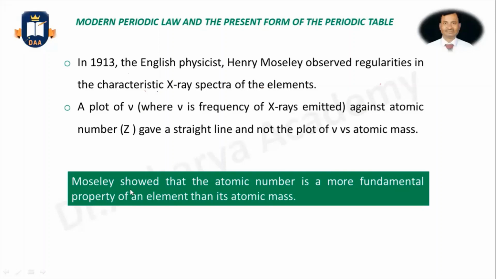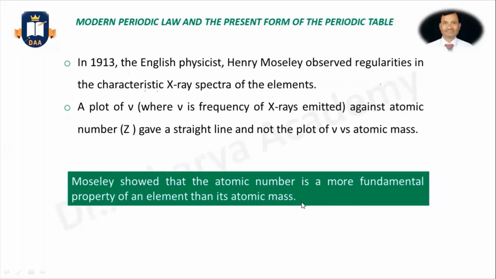So Moseley showed that the atomic number is a more fundamental property of an element than its atomic mass. Because now we know that atomic mass is the sum of the number of protons and neutrons in the nucleus.